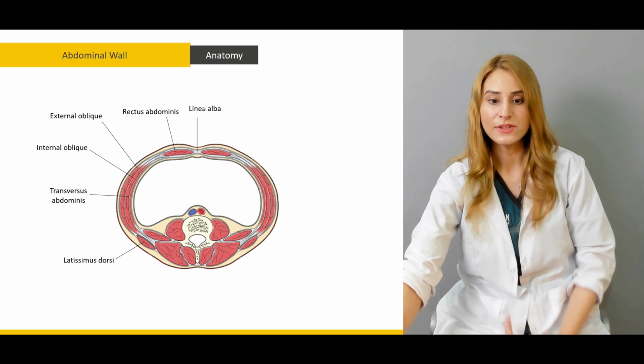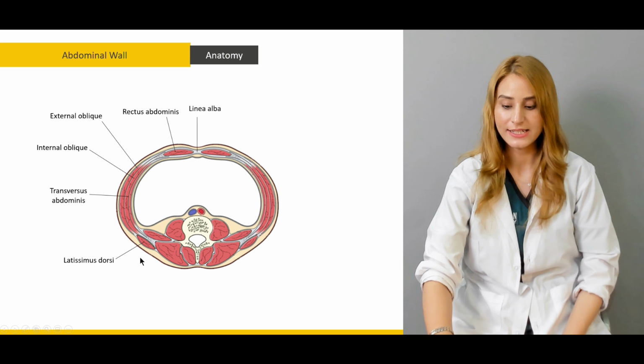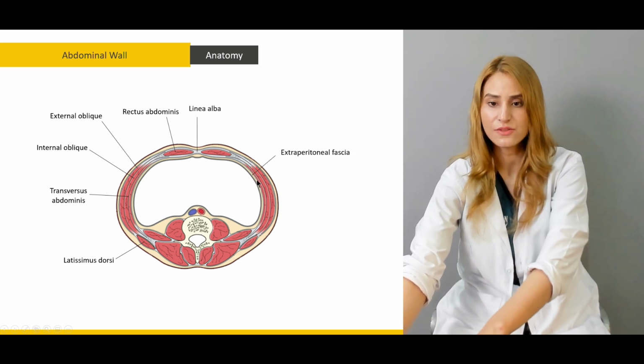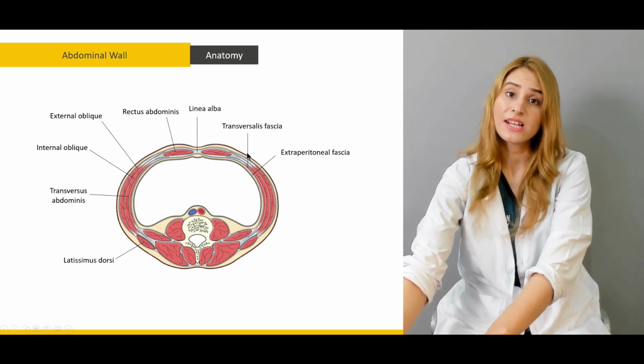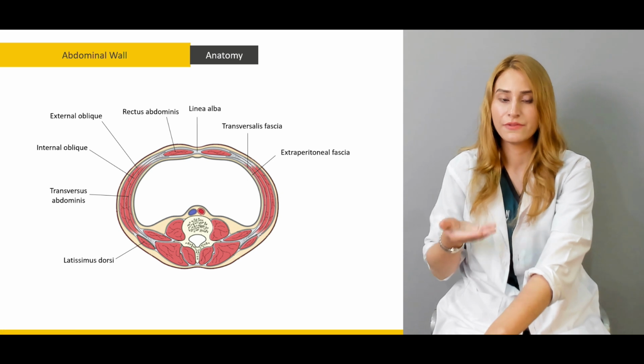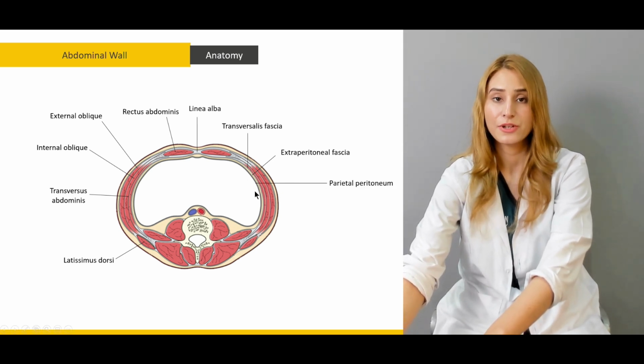Then we also have the latissimus dorsi, which is basically posteriorly located. We have the extraperitoneal fascia as well. We have the fascia transversalis, as we have already said, because just beneath the layer of the internal oblique we have the transversalis fascia, and this is the parietal peritoneum.